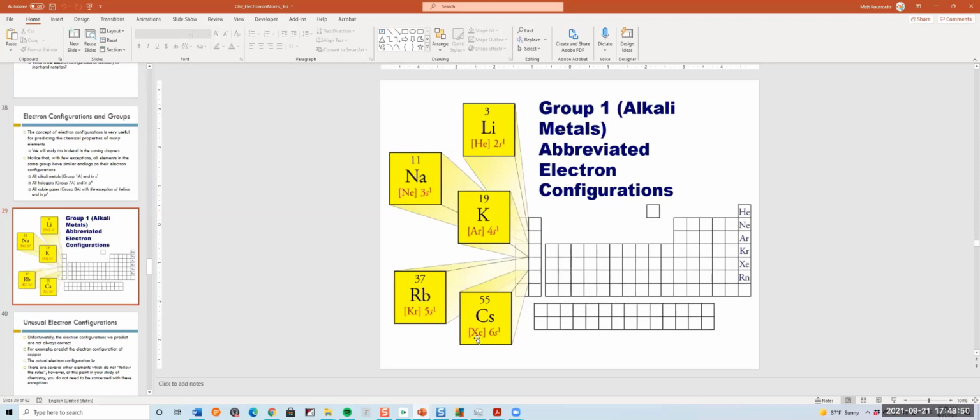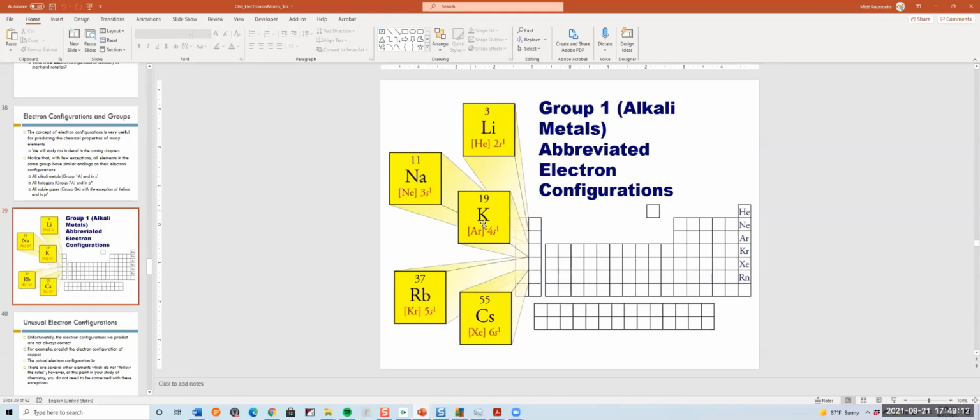They all end in s1. This is going to be very important because in the next chapter we're going to see that what these metals all want to do is lose that last electron. They always want to lose that last electron, so they're going to be 1 plus charge. That's going to be critical for understanding how these elements react.